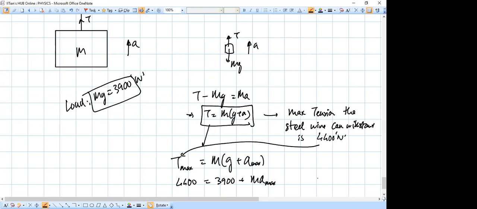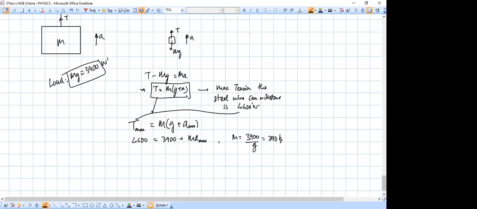Now m we will just take as the weight divided by g, 390 kg. We'll take g as 10 over here, and from that we'll find the A max. Okay, people, so that is the 14th question.